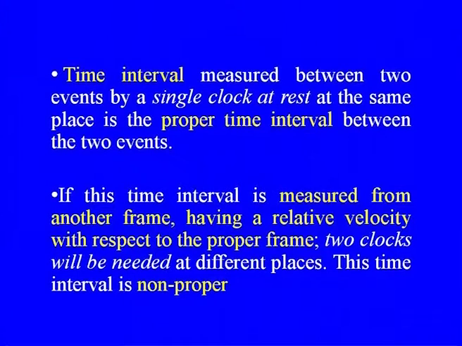However, if you're going to measure the same time interval from another frame having a relative velocity with respect to the proper frame, you need two clocks at different places. That's exactly what we had: two stations and two clocks, which had to be synchronized in the beginning. This kind of time interval is also called non-proper.